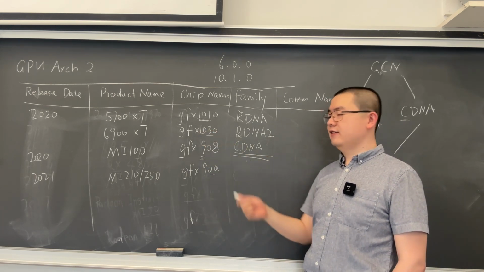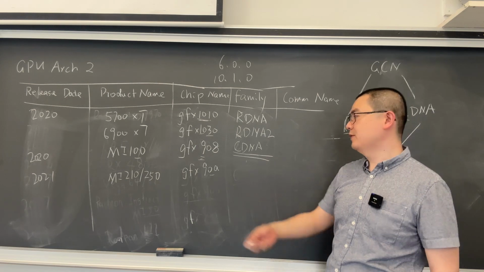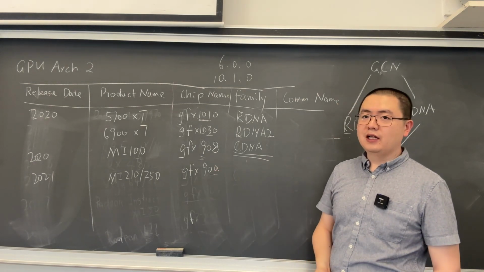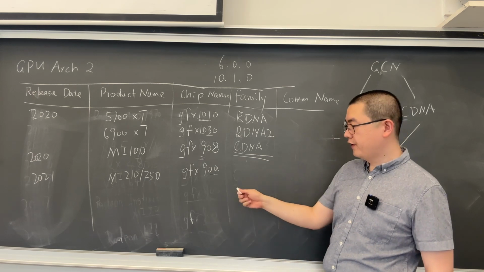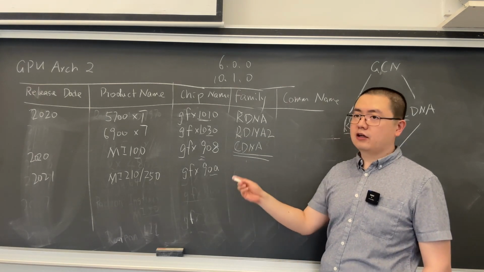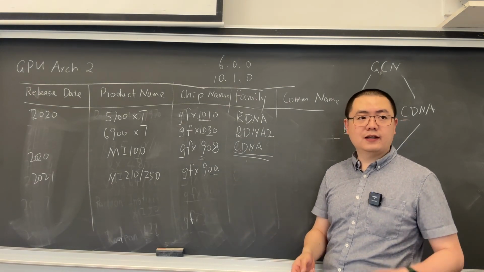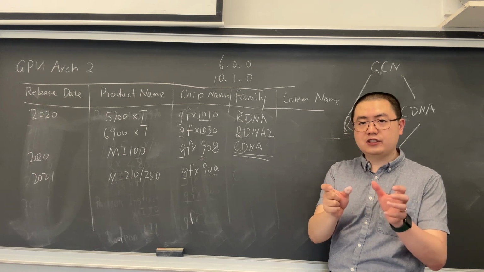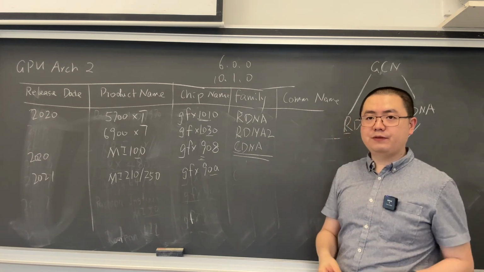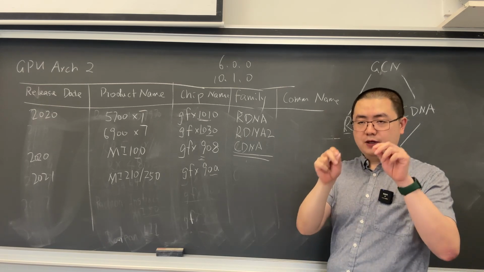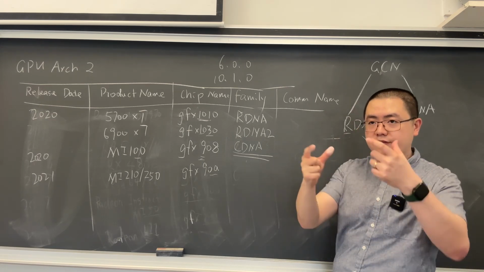Because they already have 10, they cannot go towards another major number, so they are starting to change this number. The fundamental architecture is still CDNA, but starting from this point they have chiplet technology. Chiplet means they have several chips packaged in one product. So they made very big chips, and they have smaller chips that are packaged as if it's one GPU.